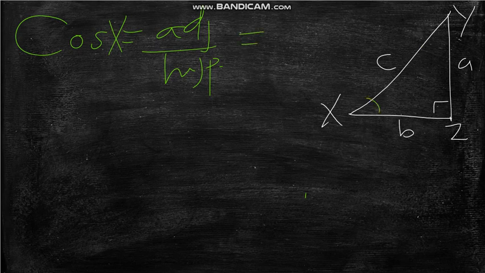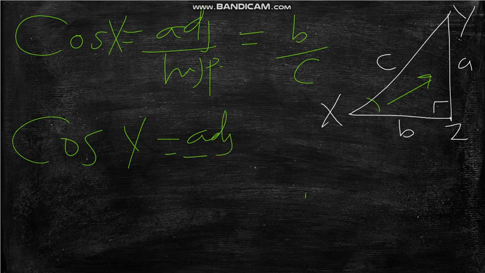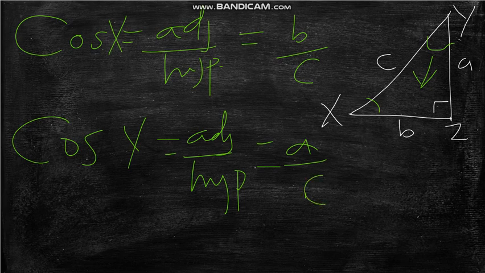Our opposite is A, so our adjacent will be B, and our hypotenuse, the longest side, is C. If we say cos y, adjacent over hypotenuse, considering y, B becomes our opposite, then our adjacent becomes A, and our hypotenuse still remains C.